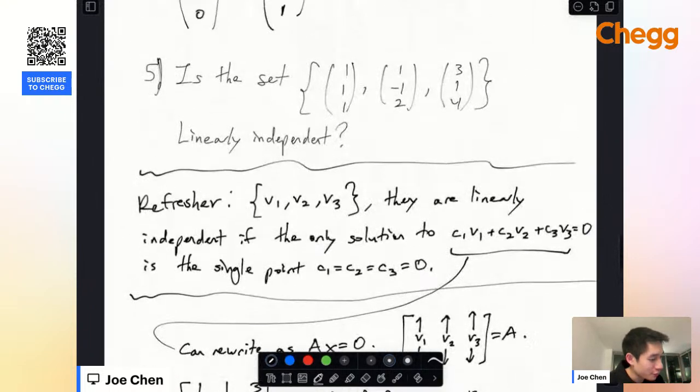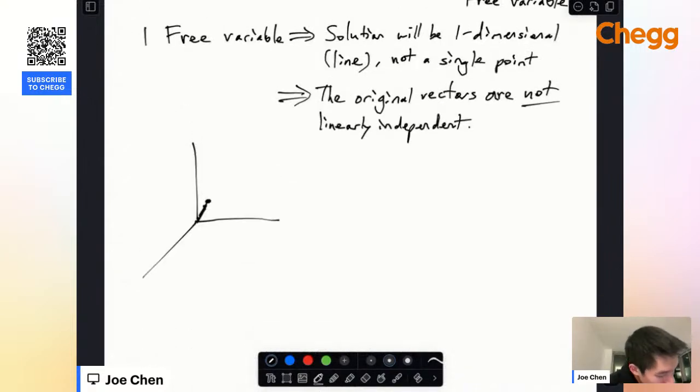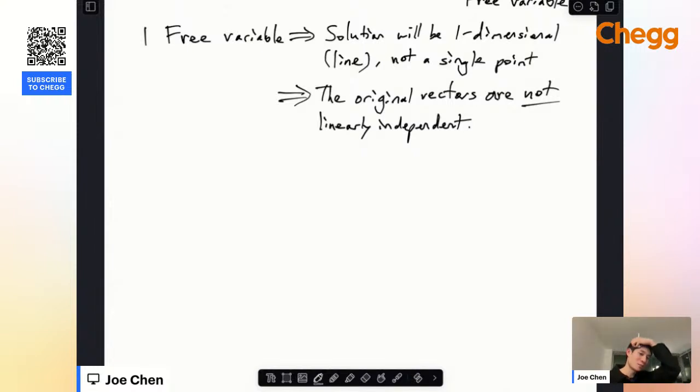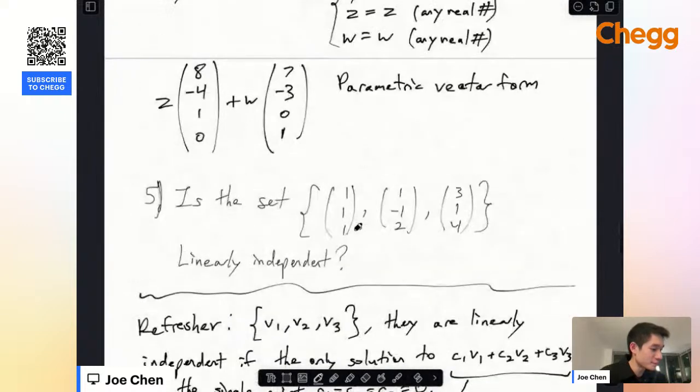And then we have 1, minus 1, and 2. Actually, I realize it's not easy to draw in 3D. Maybe let me just say in words, since we're starting to run out of time.